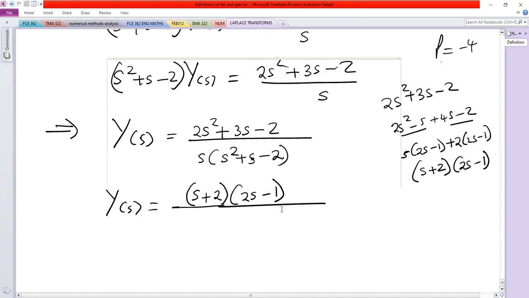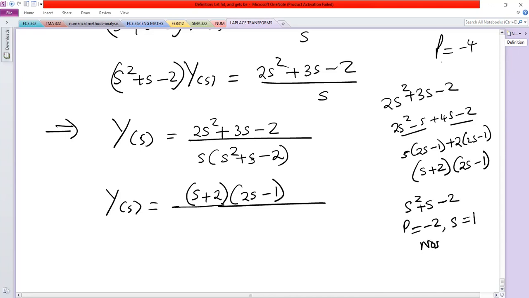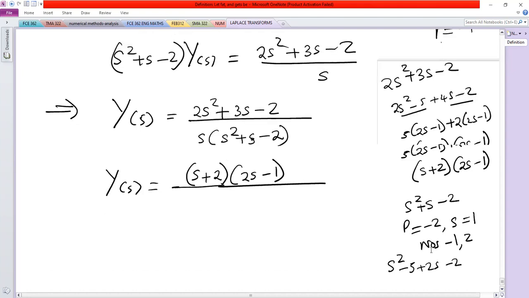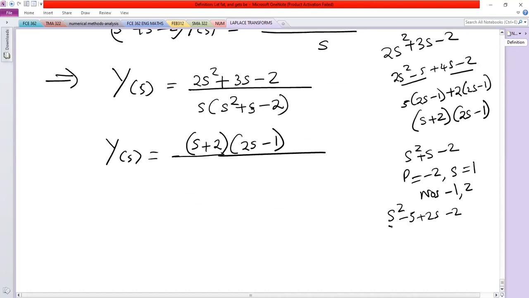Let's also see whether we can factorize the quadratic in the denominator, s squared plus s minus 2. Product is minus 2, sum is 1, and the numbers are minus 1 and 2. So we can write this as s squared minus s plus 2s minus 2. And then you pair this: s times s minus 1 plus 2 times s minus 1.